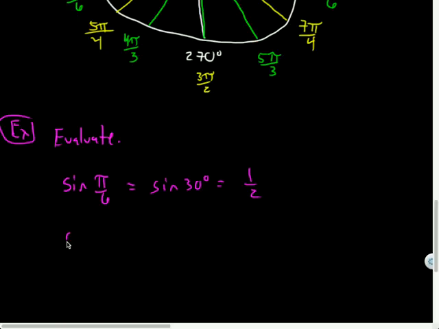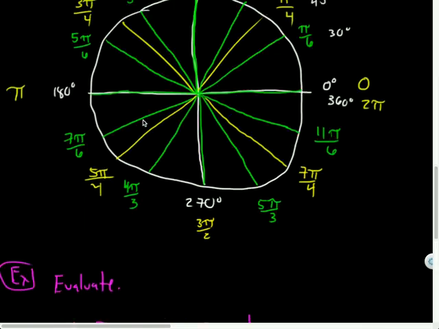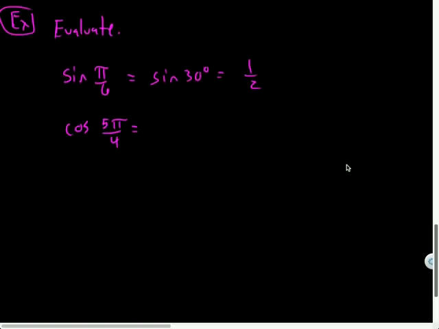What would cosine of 5 pi over 4 be? So, well, actually let's ask this. What is the reference angle of 5 pi over 4? Let's draw a picture. So here's, I guess I'll draw it in yellow for consistency.